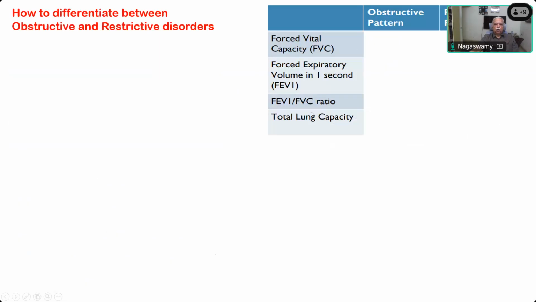As I told you, these 4 things are very important: forced vital capacity, forced expiratory volume in 1 second, the ratio between these two, and total lung capacity. If you know how to interpret these 4 things, you can differentiate between an obstructive pattern and a restrictive pattern. Now, can you tell me what will be the values in an obstructive pattern if you measure these things?